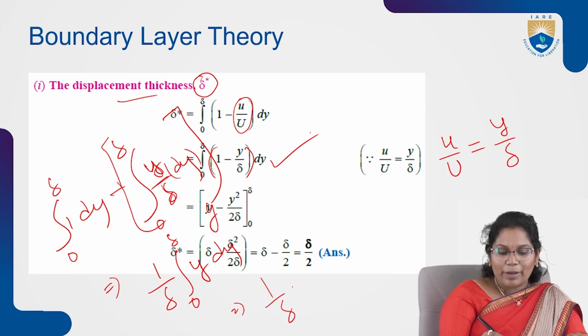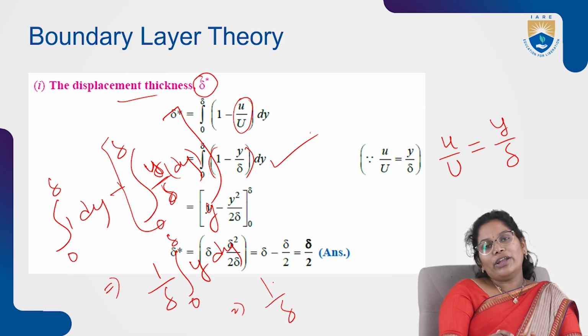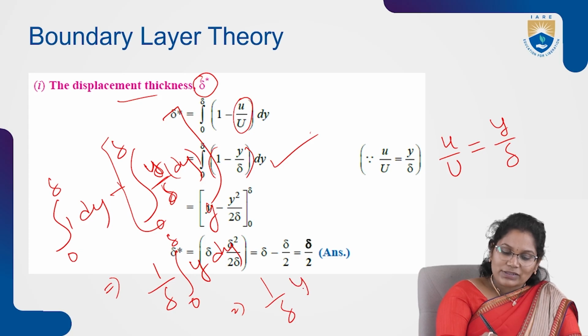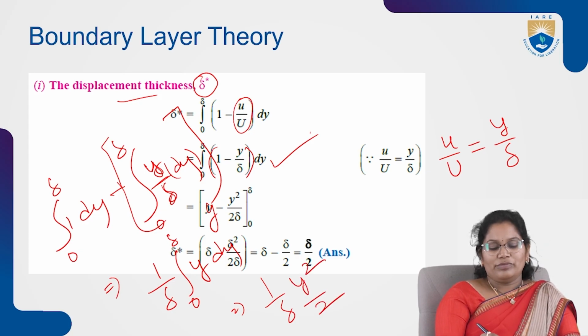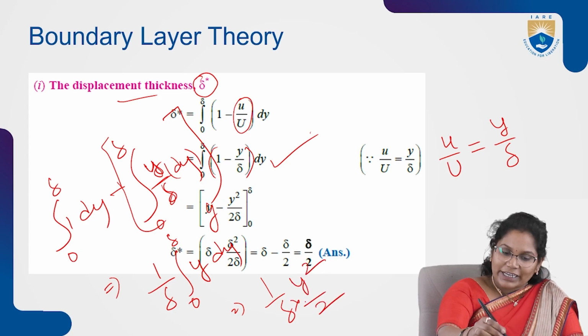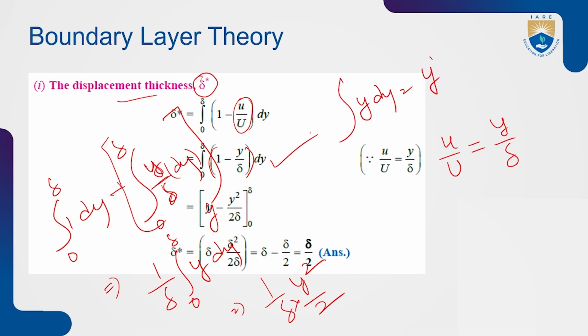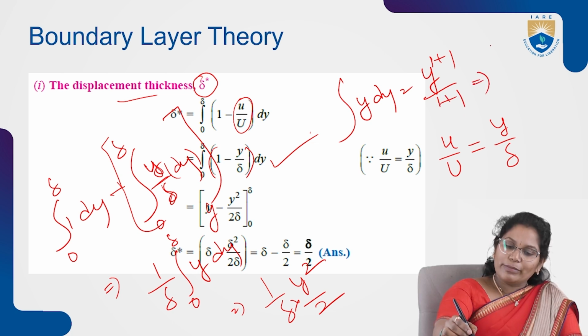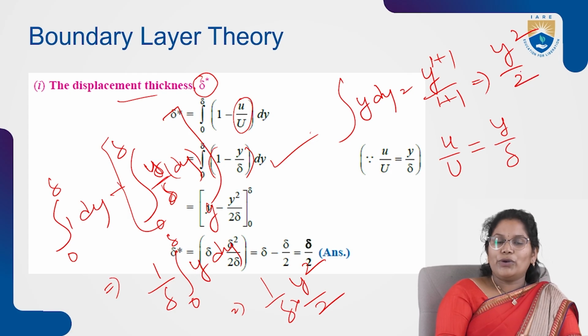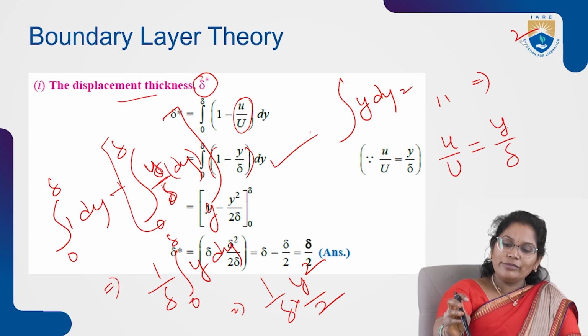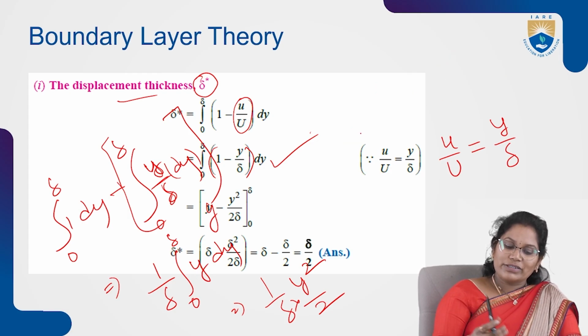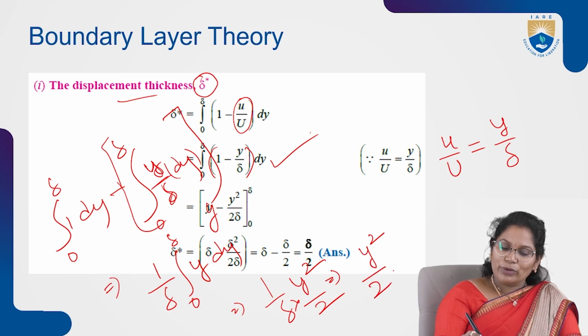So what happens to the integration of y into dy? Integration of y into dy is y square by 2. So when you multiply these two, you will get y square by 2 delta.